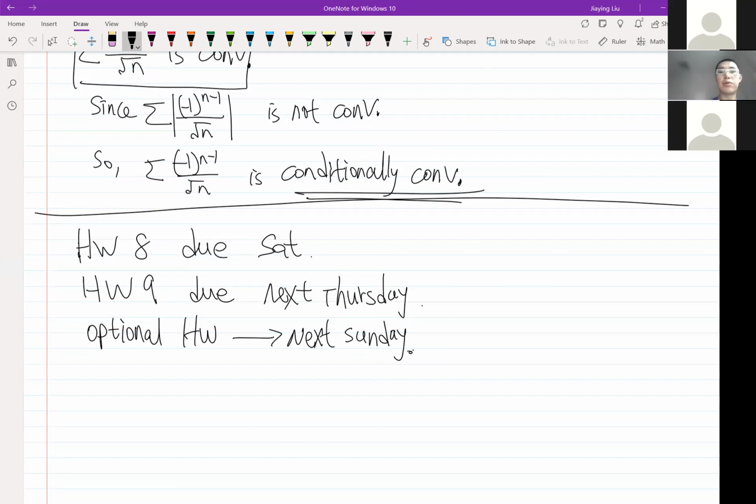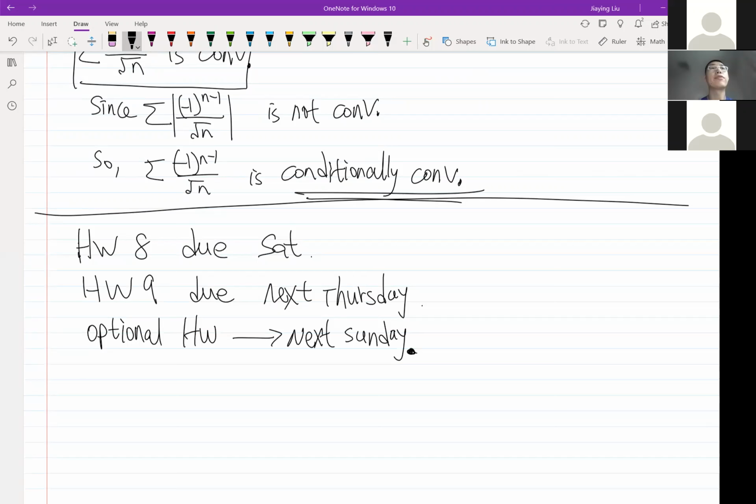It's up to you if you want to work on it or not, but let's say you feel like you need a little bit more of a boost in your grade. You can work on that optional homework. If you already have 100% on the homework, 100% on the quiz and everything, you don't have to do the optional one.